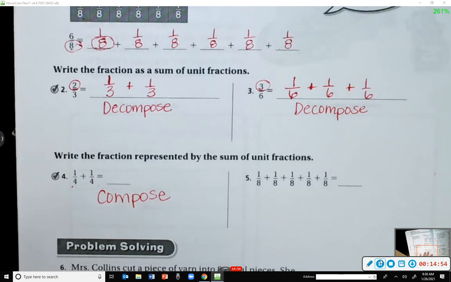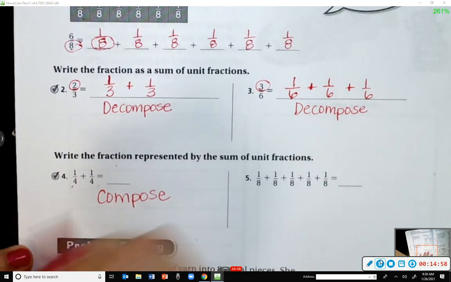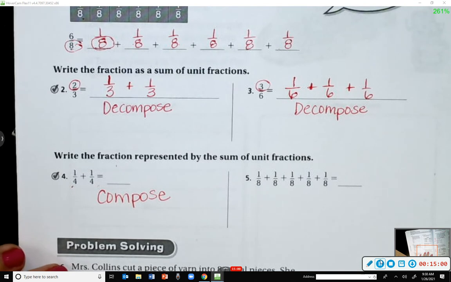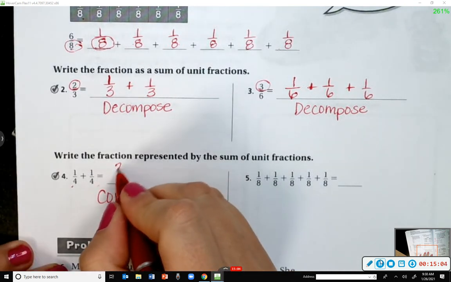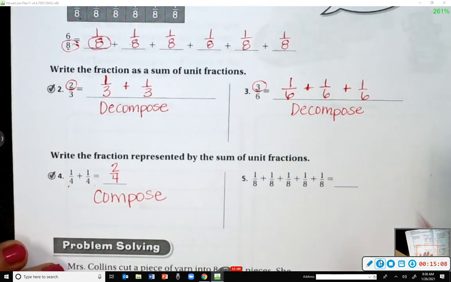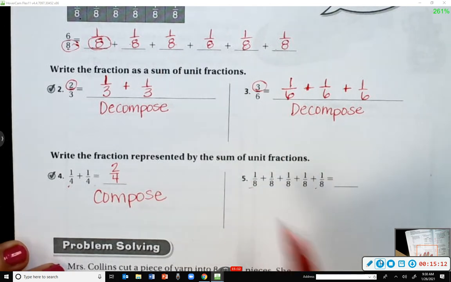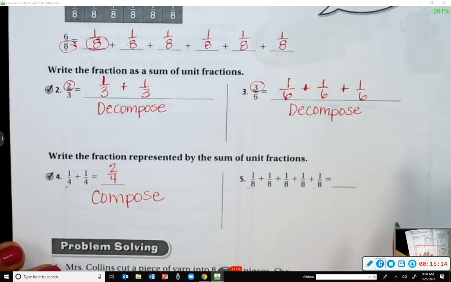1/4 plus 1/4 would be what, class? Everybody. When I say class, that means everybody should be shouting out the answer. 2/4. Yes. Okay. Same thing here. You're composing because you're combining smaller pieces and making a big piece.